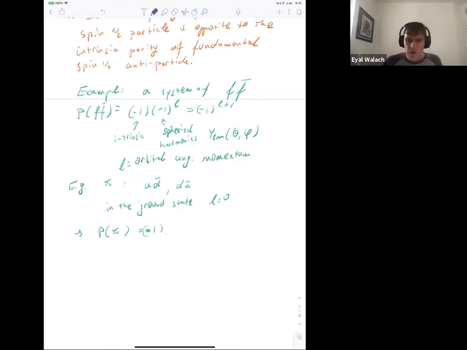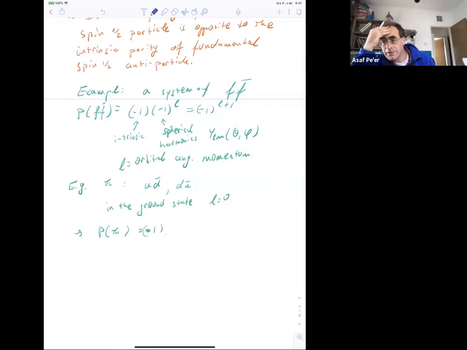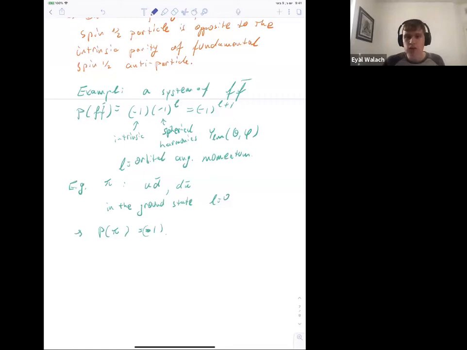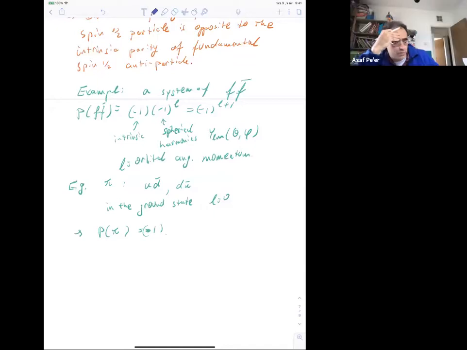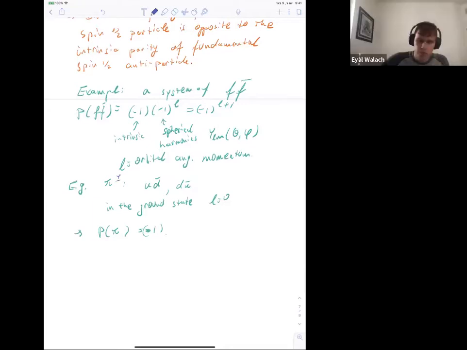But they are bound states of up and anti-down, and not essentially an up and an anti-up, or down and anti-down. Pi 0 would be. It could be. This is true not just for pi 0, but also for pi plus minus. Yeah, I just wrote down the pi plus minus.